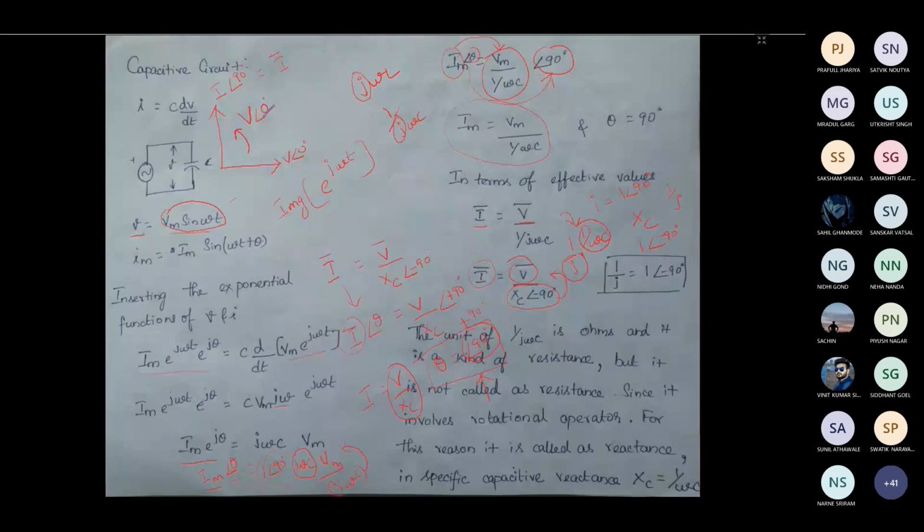So this plus 90 degree or minus 90 degree is given by the rotational operator, that is J. Since the rotational operator is not there for the resistive circuit, we have 0 degree for the current also. So you can say that the current is in phase in a resistive circuit.